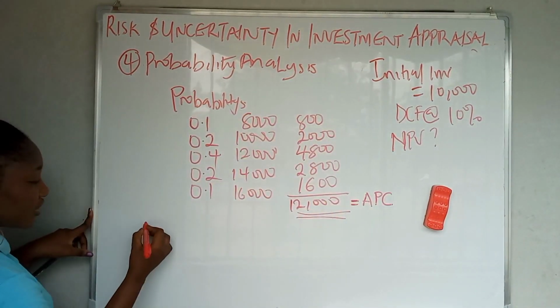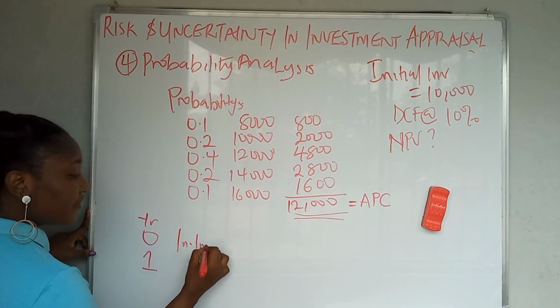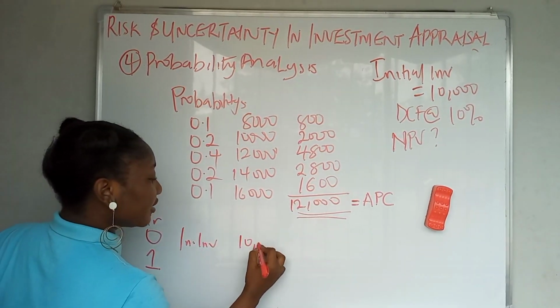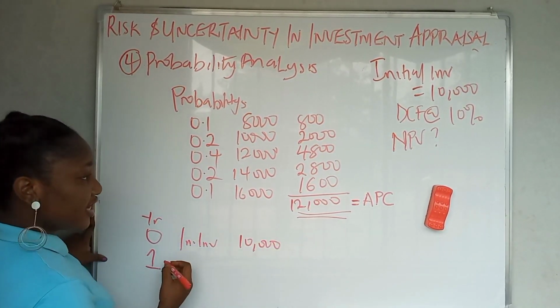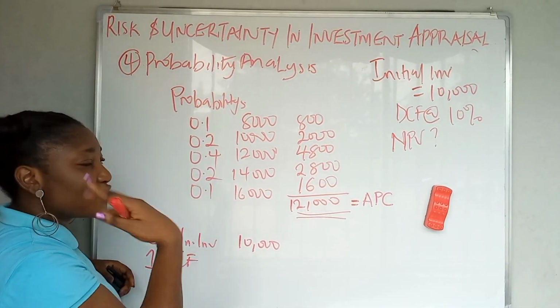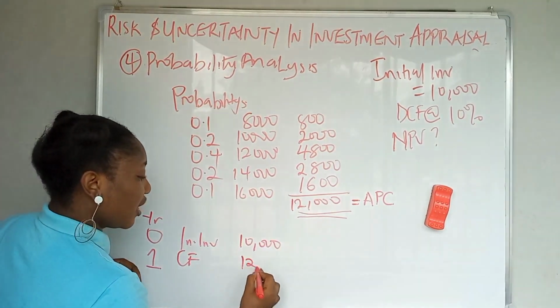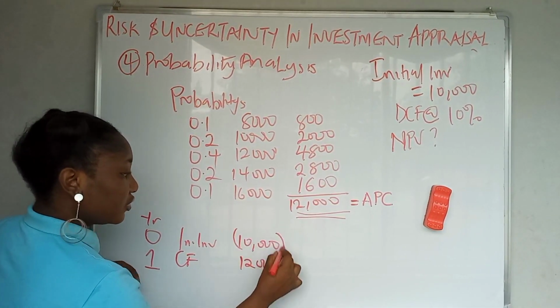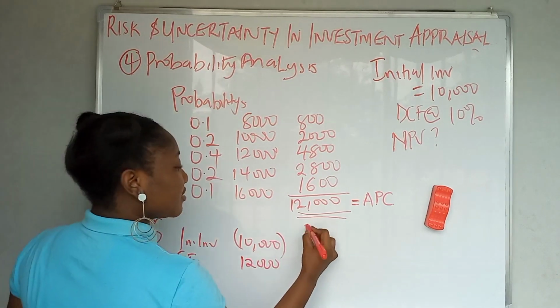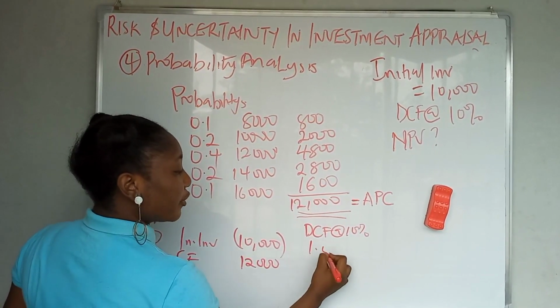And you know how that one works now. Year 0, year 1. In year 0 there was an initial investment of how much? 10,000 naira, right? In year 1, all these multiple cash flows that they gave you based on probabilities have given you 12,000. So you have 12,000 in year 1, right? So your discount factor at 10%: for year 0 it will be 1.000.